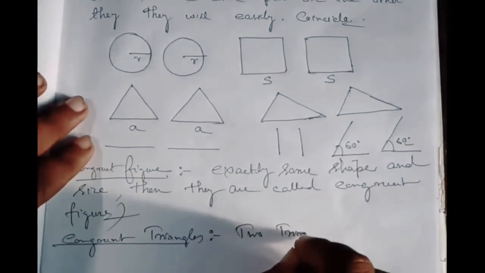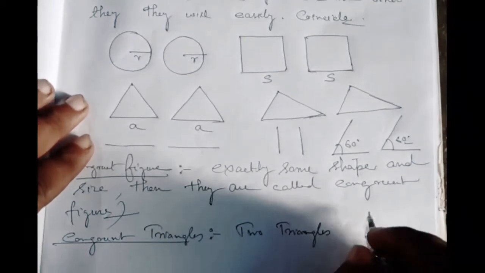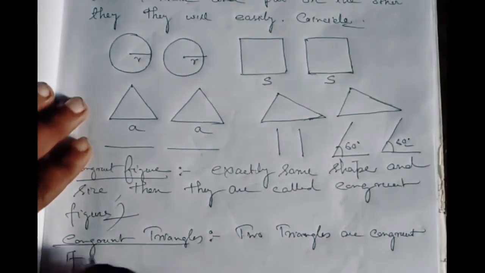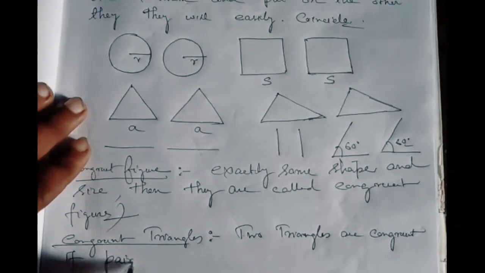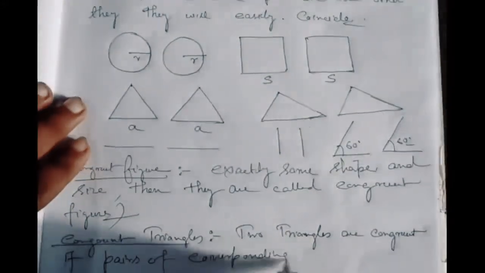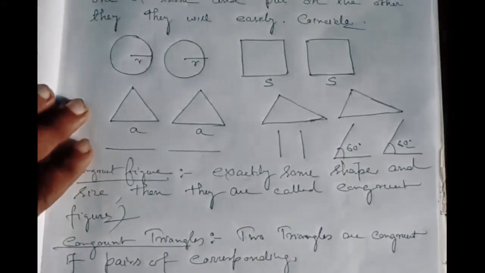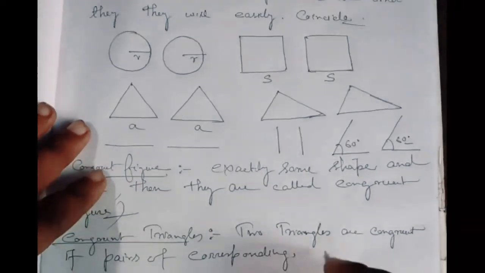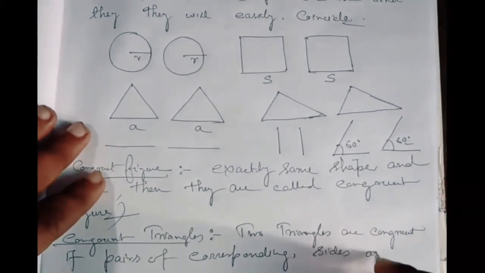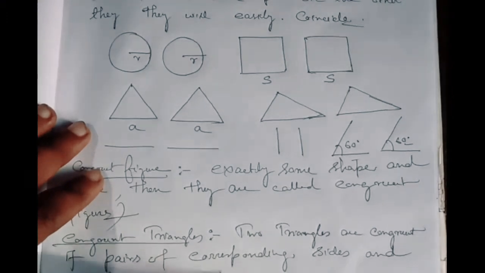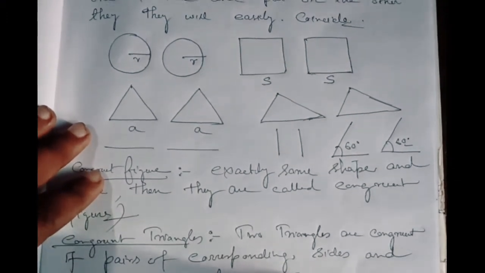Two triangles are congruent if pairs of corresponding sides and corresponding angles are equal.